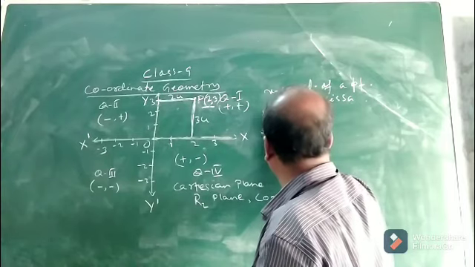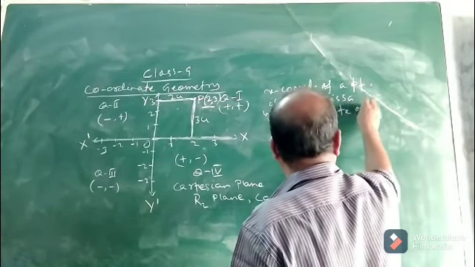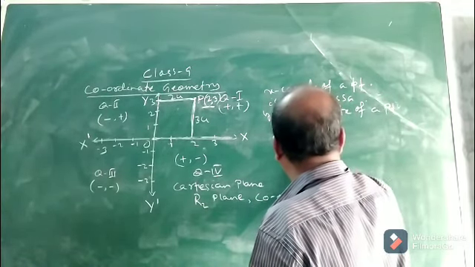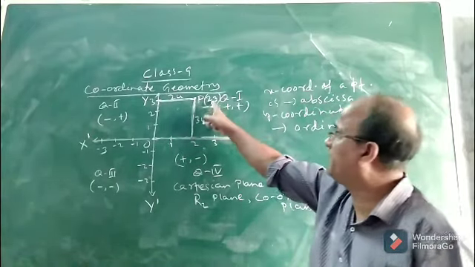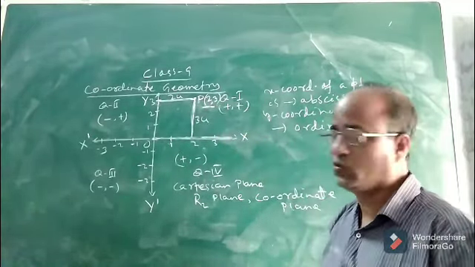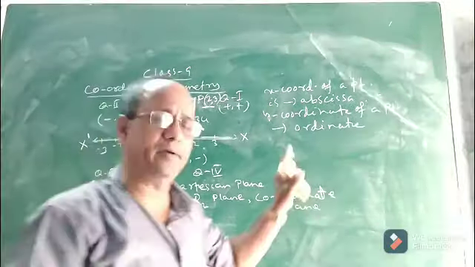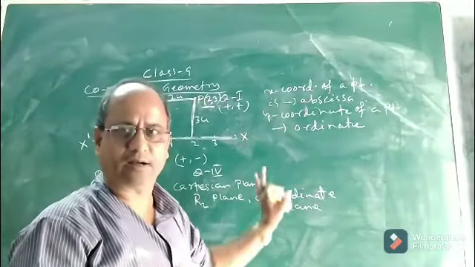And what about the y coordinate? The y coordinate of a point is called its ordinate. So here the ordinate of point P is 3 and the abscissa of point P is 2. Abscissa means the x coordinate of any point in the Cartesian plane, and ordinate means the y coordinate of any point in the Cartesian plane.